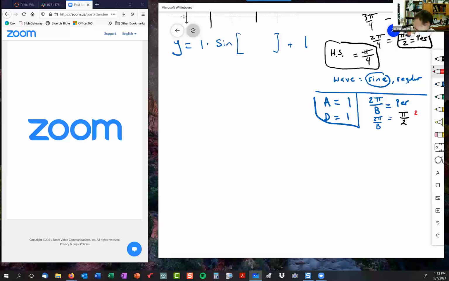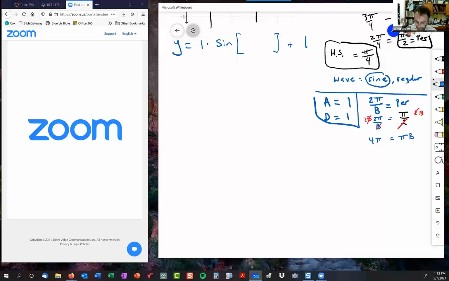So I don't want fractions. I'm going to multiply everything by 2B on both sides because that 2 cancels and this B will cancel. That way, all the fractions are gone, and I get this new equation. 2 times pi is 4 pi equals pi times B.